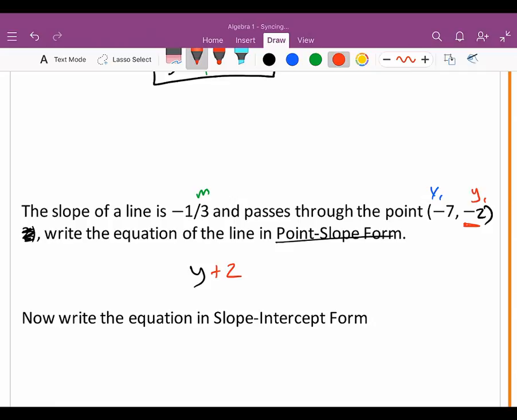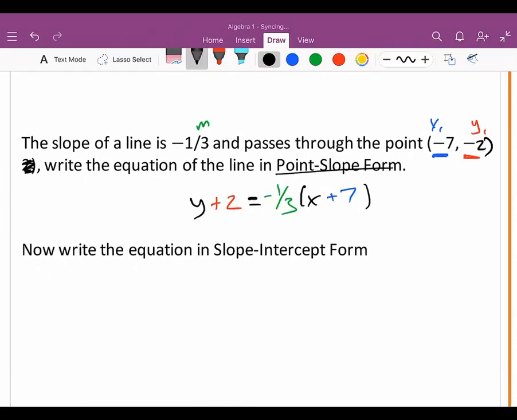If it's a negative 2, you put plus 2. If it was just a positive 2, you're subtracting it, minus 2, because that's how the formula was written. Alright, equals, and then remember m stands for middle, slope, so we know slope comes next, negative 1/3, parentheses x, and then I have a negative 7 here, so that means it's going to be plus 7. That's your point slope form.